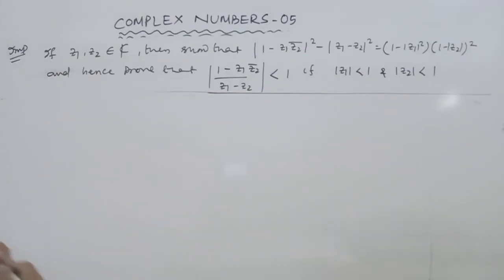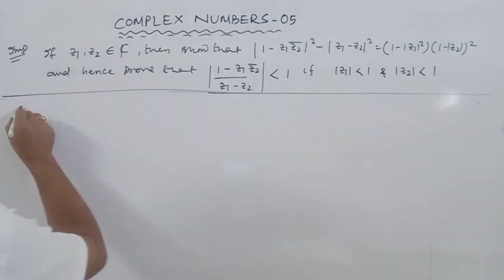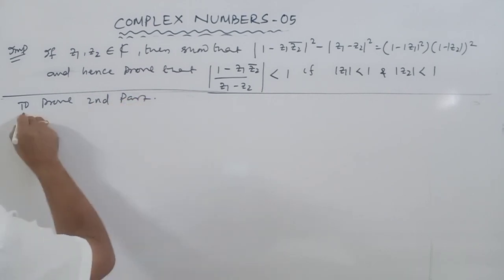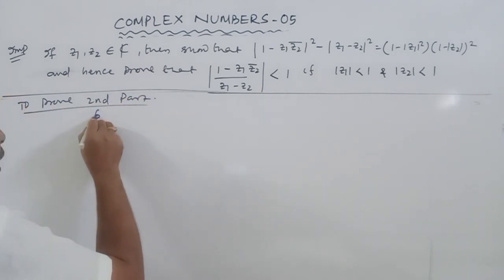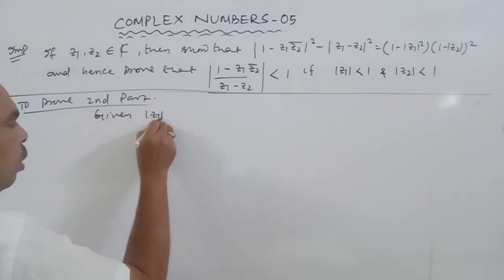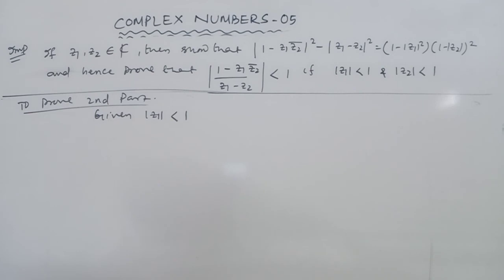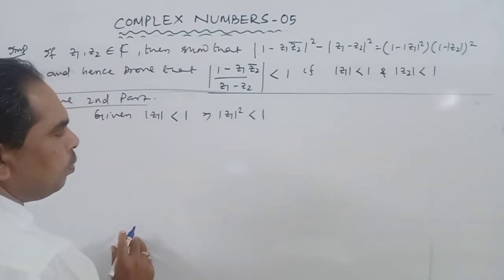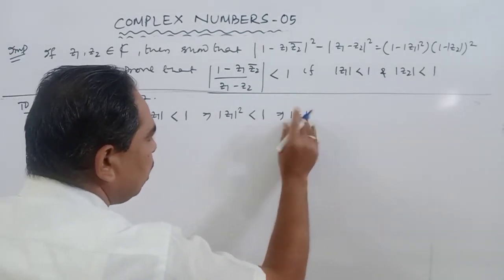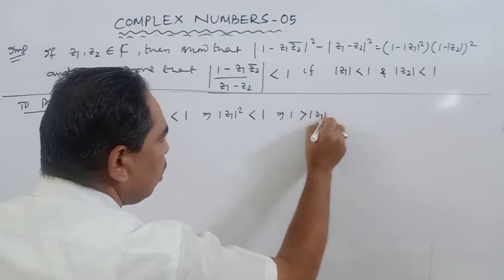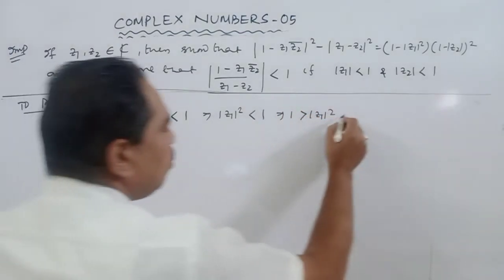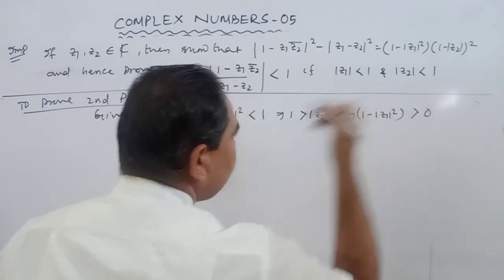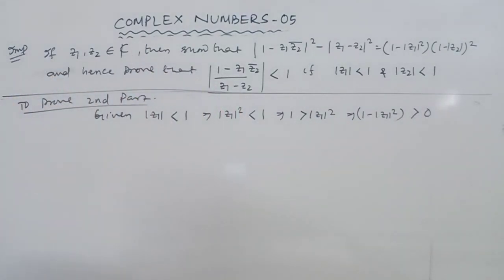Second part to prove. Given mod of z1 is less than 1, so it implies mod of z1 square is also less than 1. So it implies 1 is greater than mod z1 square, which implies 1 minus mod z1 square is greater than 0.